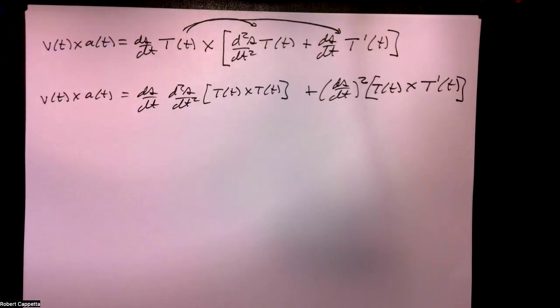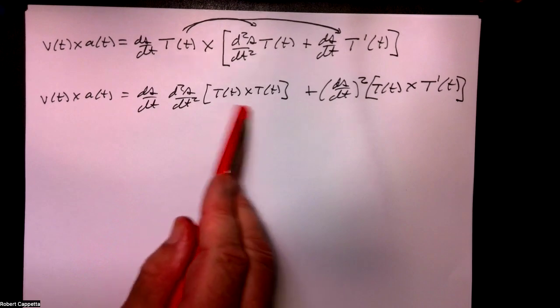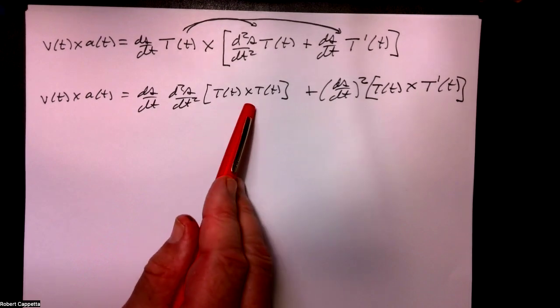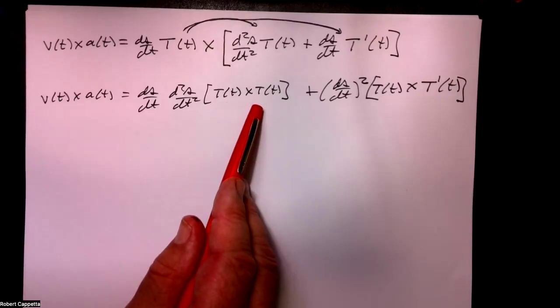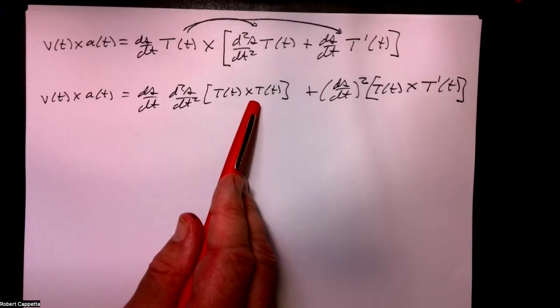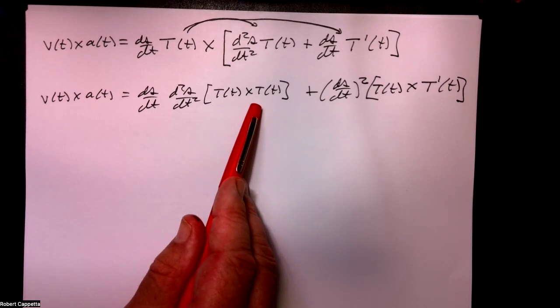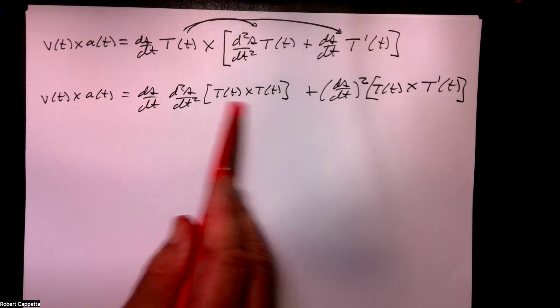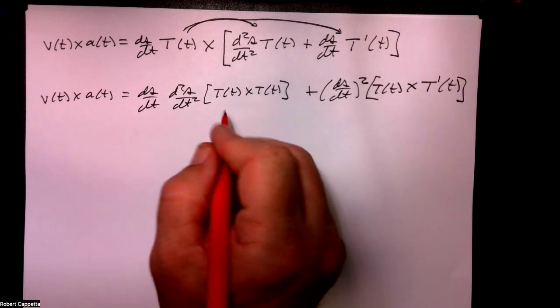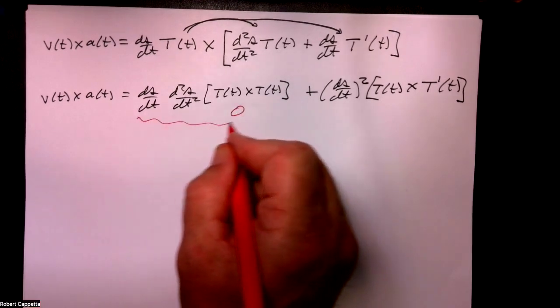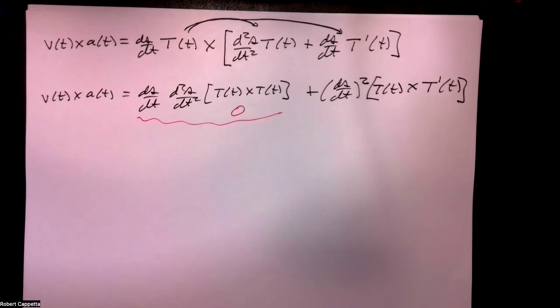So what do we know about T of t cross T of t? They are parallel. The magnitude of the cross product is the area of their parallelogram, but if I have two vectors that are parallel, there is no parallelogram. If two vectors are parallel, their cross product is zero. So this first piece becomes zero, so this whole piece becomes zero, which is nice.